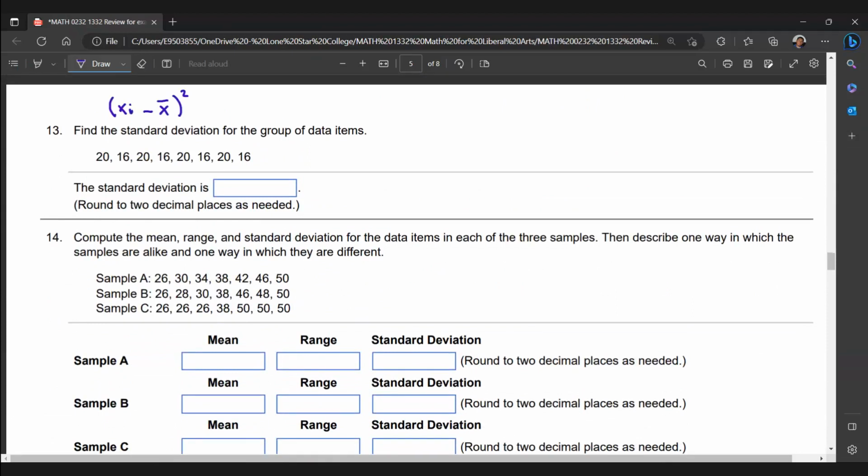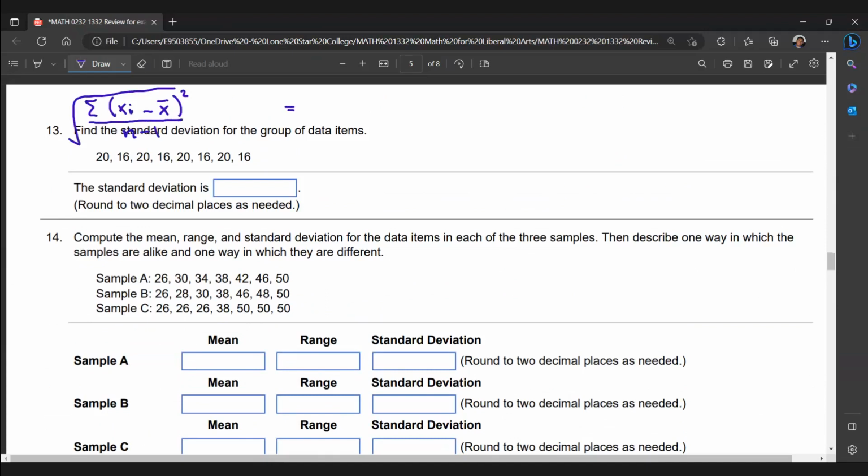And we're going to do that for each one of these entries. And then we're going to have to divide. So we're going to find a sum, and then we're going to do a division here by n minus 1. And then all of this will be the square root. But let's go ahead and tackle this one step at a time.